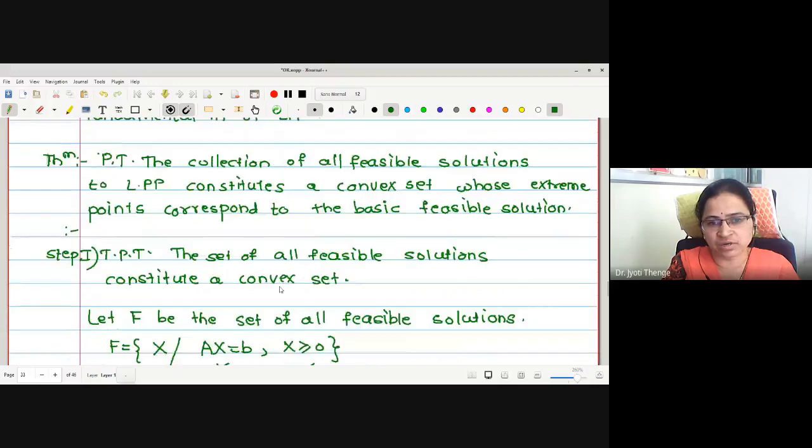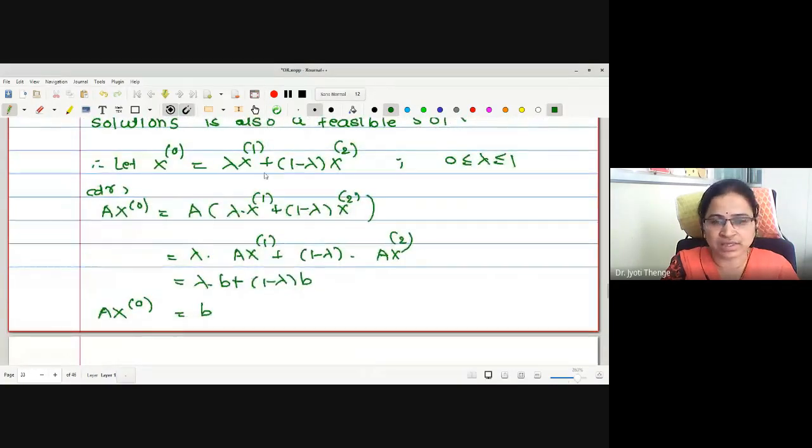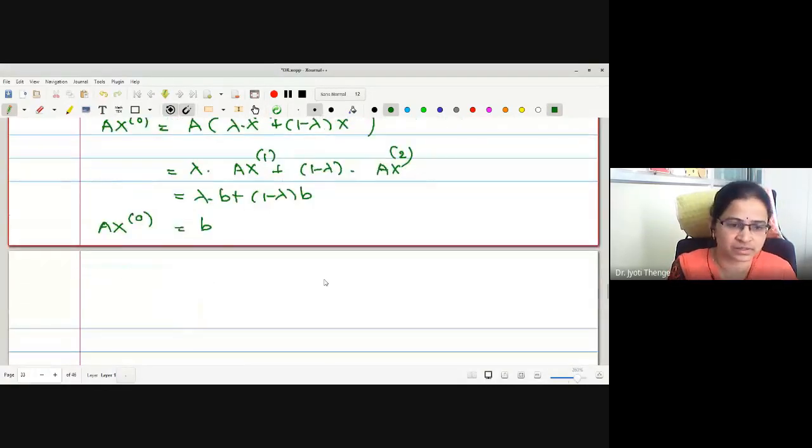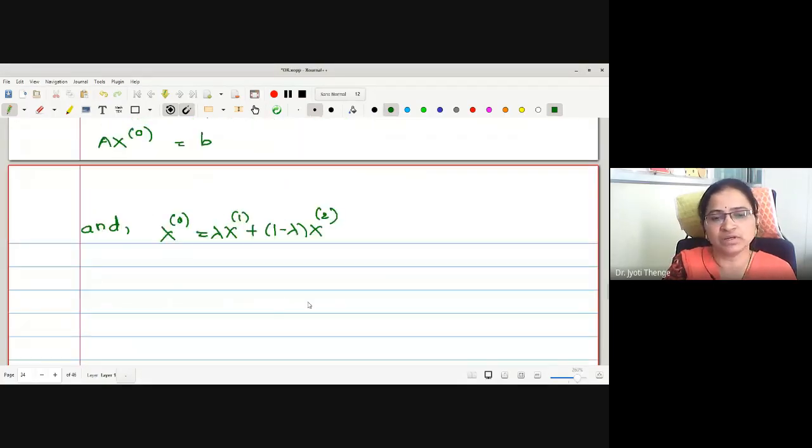Still the second one remains to prove, that x naught is greater or equal to 0. Now look at this x naught. What about the values of x naught? X naught is equal to lambda x1 plus 1 minus lambda x2. Look at the terms involved.